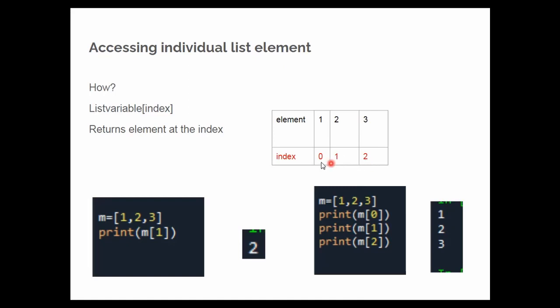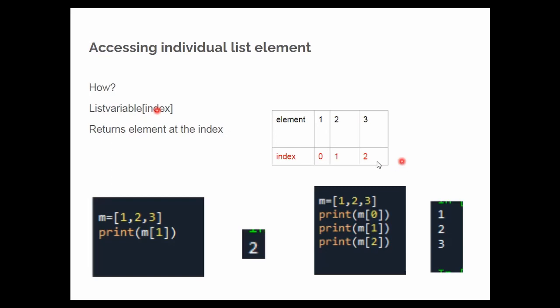If you want to display any element, how are we going to refer to it? These elements are referred to by their indices. You cannot access them directly by giving the value. The way of accessing the elements of the list is by using the list variable name, then writing square brackets, and within the square brackets writing the index.